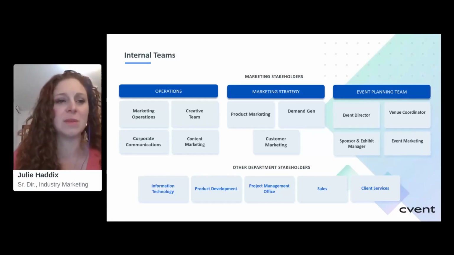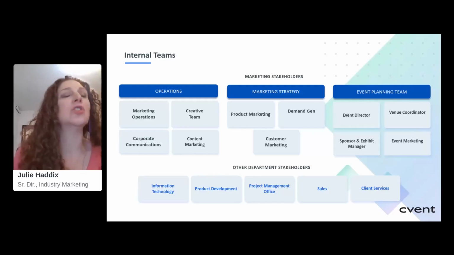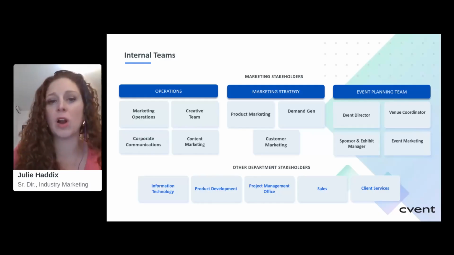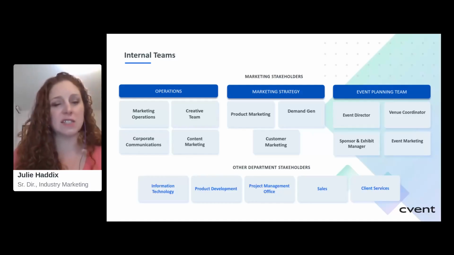Those other go-to-market teams are so essential so that you are all working together to drive customers, to drive products, to bring the latest product information to life. Really getting the entire organization rallied around your complex conference is crucial to its success.